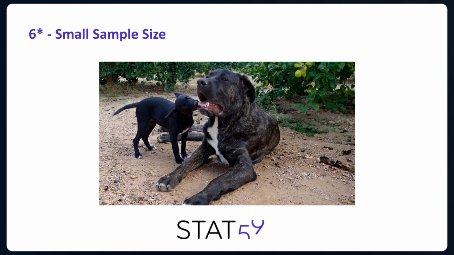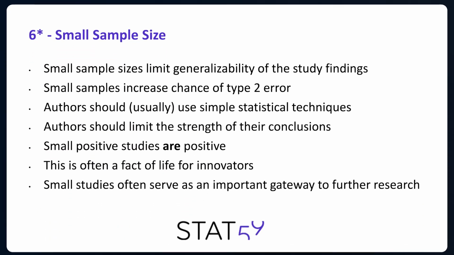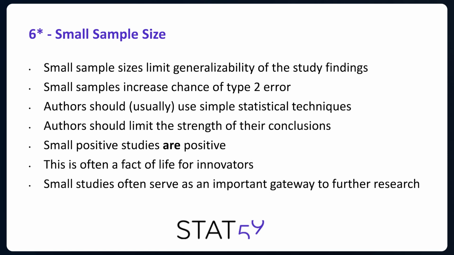And finally, just a quick note about small sample size, which can be a quality trap, but need not be. One of the things about sample size is that small sample sizes can really be a fact of life. Now, small sample sizes do limit the generalizability of the study findings.